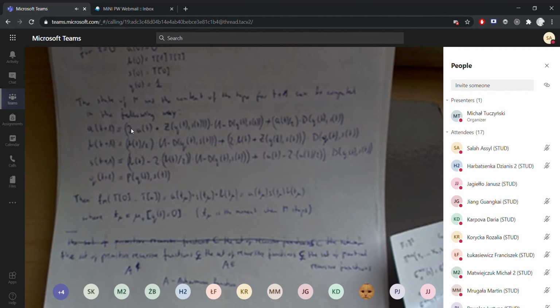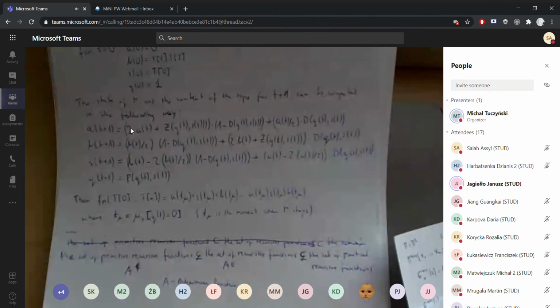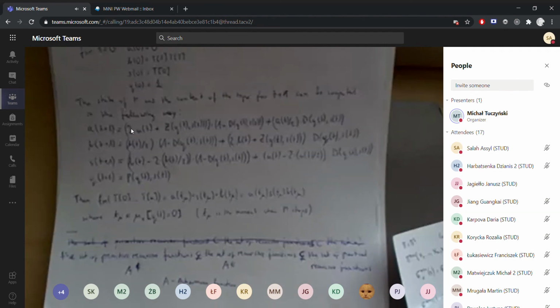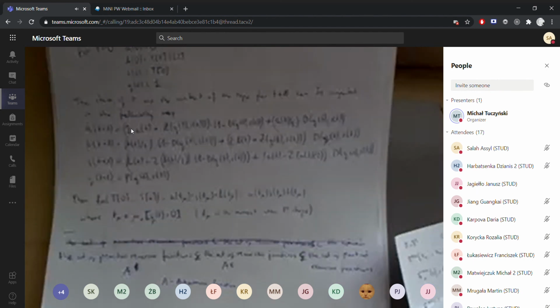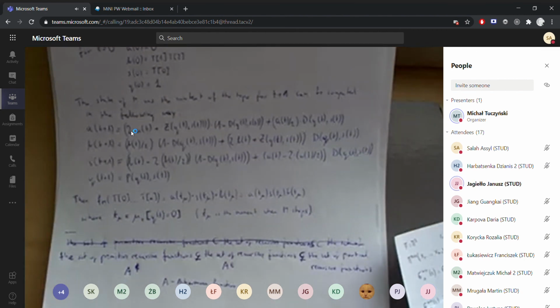Because the definition of this function is that this is 1 if x is not 0, y is not 0, and y is divisible by x. So we have to add here that x and y are not 0, and we can do it in the same way as with this remainder, yeah?